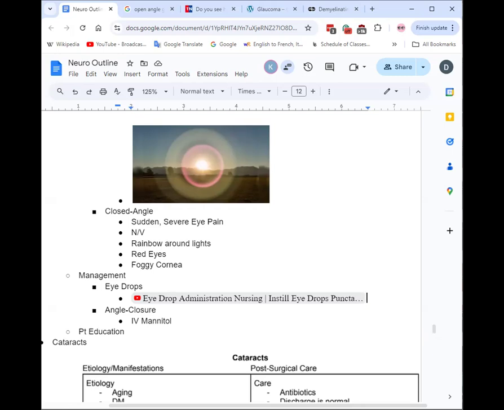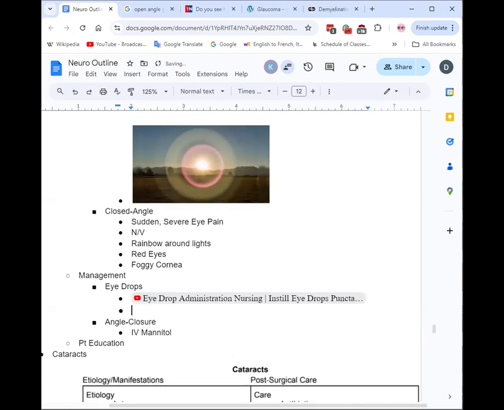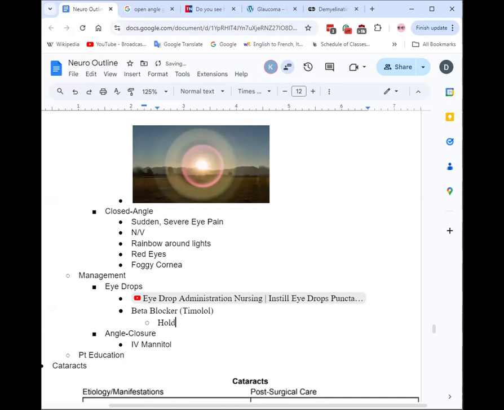So your main one, timolol. You don't want it having a systemic effect, because if, let's say, someone with normal blood pressure gets a beta blocker, it might drop them too low. So that's why you've got to be careful with the eye drops. This one's timolol, so you want to hold for low BP or heart rate.